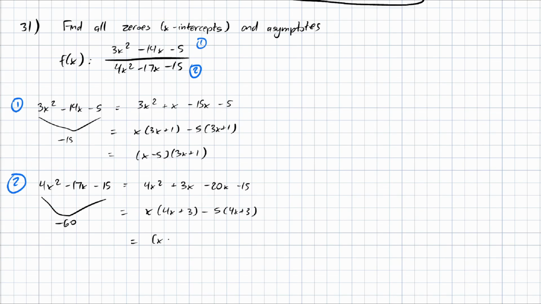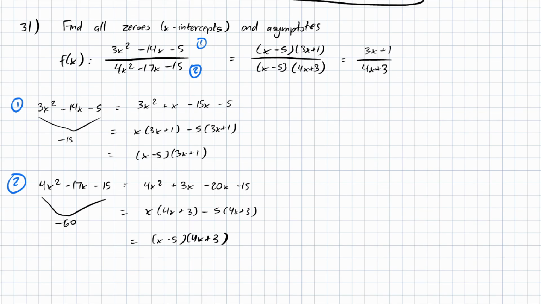We get x minus 5 times 4x plus 3. So this equals x minus 5 times 3x plus 1 over x minus 5 times 4x plus 3.